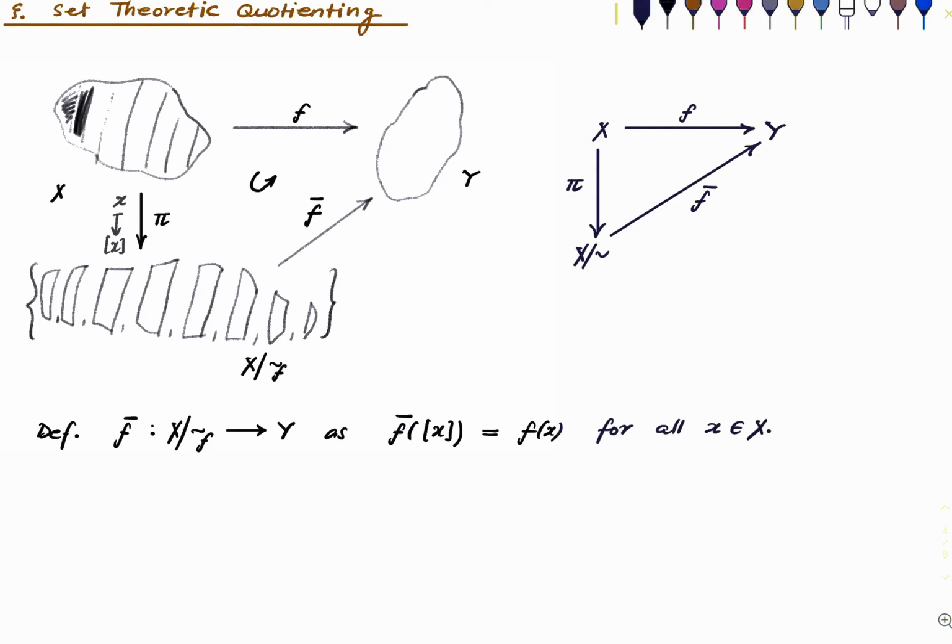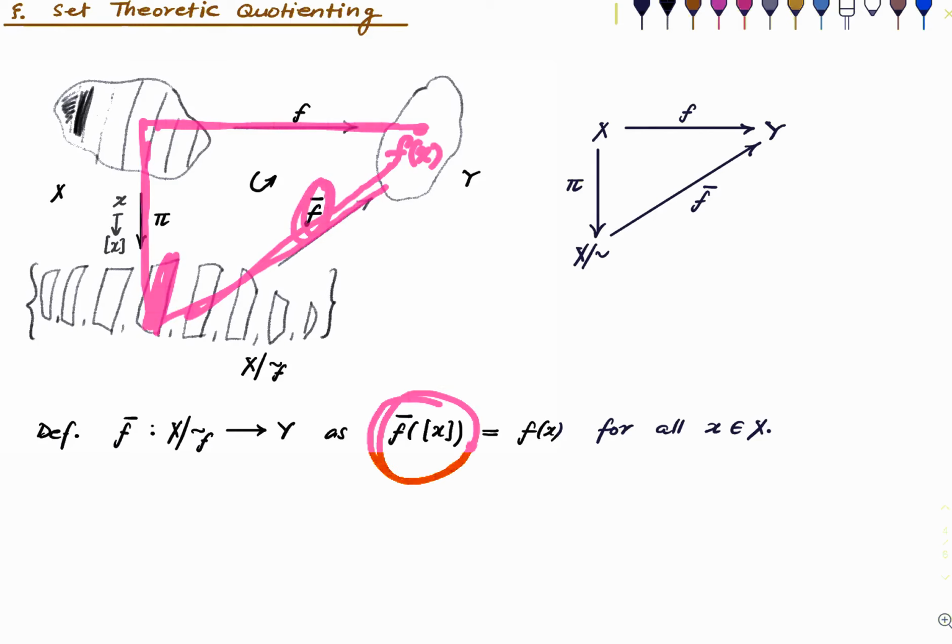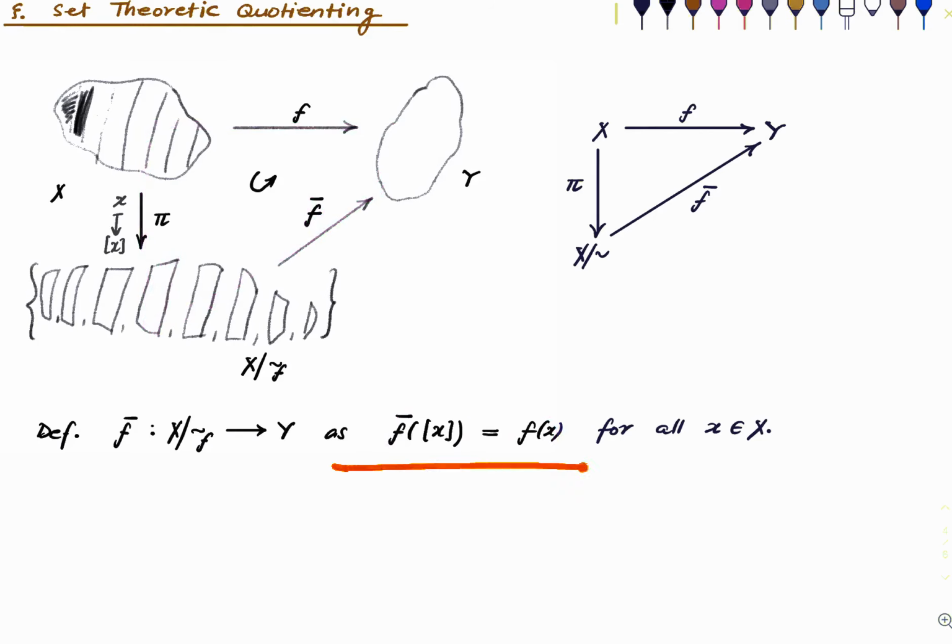In fact, this is the only possible definition. If at all there is such an f bar, it has to satisfy this, because if you start with x, you end at f of x under this road. But if you take this road, you first become the equivalence class of x, and then you become the image of the equivalence class of x under f bar, and therefore f bar of the equivalence class of x must be equal to f of x. So there is only one candidate for f bar.